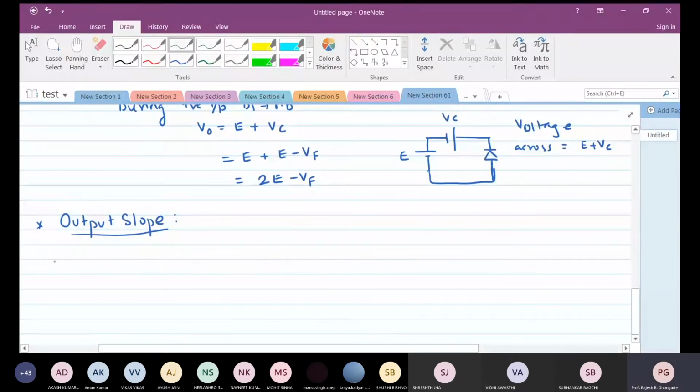This R1 is sometimes called a bleeder resistor. What is its function?